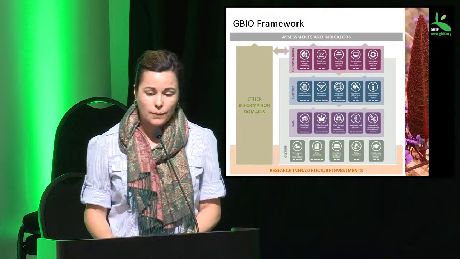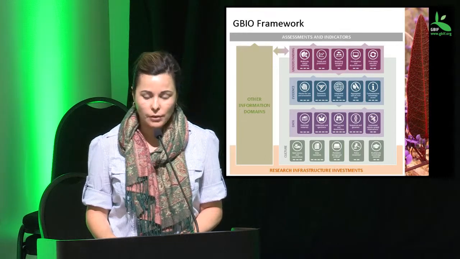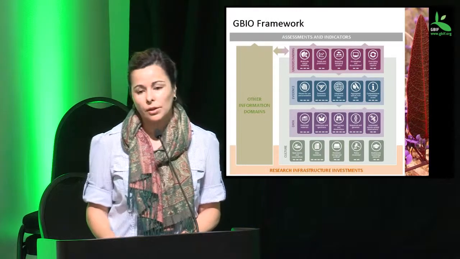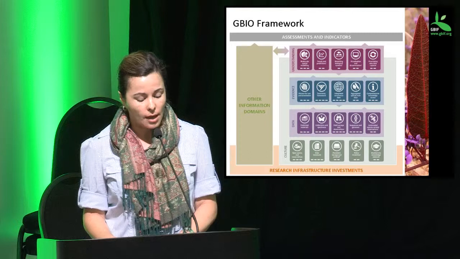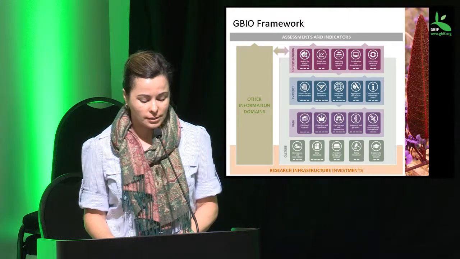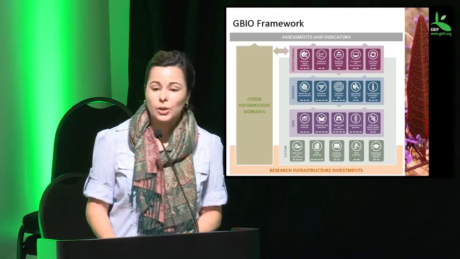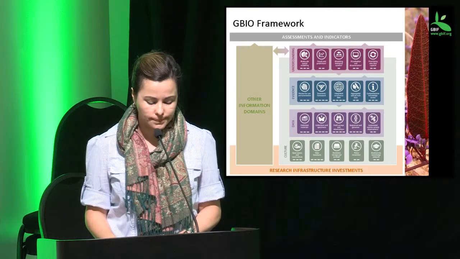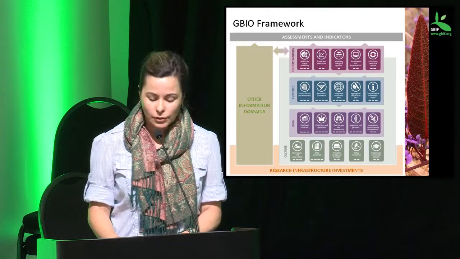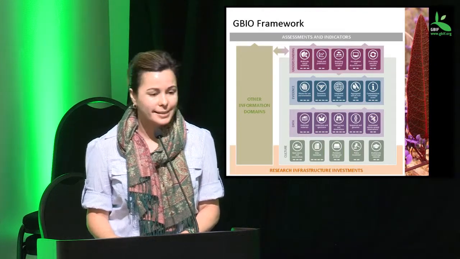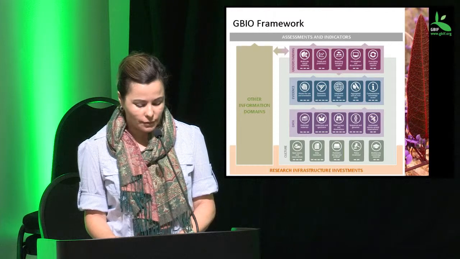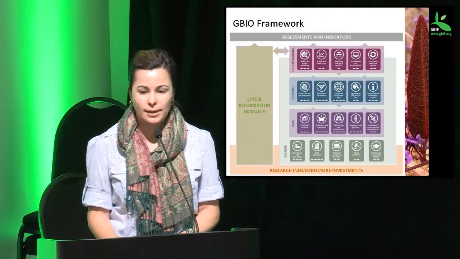Improved access to information will be critical for the success of the new intergovernmental science policy platform on biodiversity and ecosystem services, also known as IPBES, which aims to strengthen the science policy interface for biodiversity and ecosystem services for the conservation and sustainable use of biodiversity, long-term human well-being, and sustainable development. GBio and the framework that it proposes will serve as an essential support to these and many other policy needs by extending our understanding of ecosystems and the services they provide, making conservation and biodiversity management policies more effective.